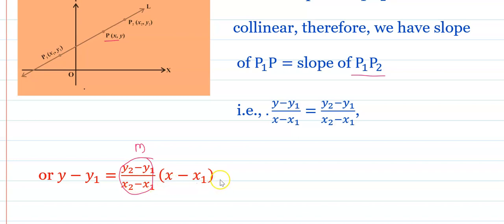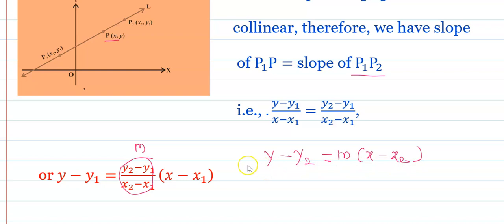This is also a method. You can take any point, x1, y1 or x2, y2. But what do you have to do first? You find the slope of the line first, then apply the equation y minus y1 is equal to m(x minus x1), or you can write y minus y2 is equal to m(x minus x2).